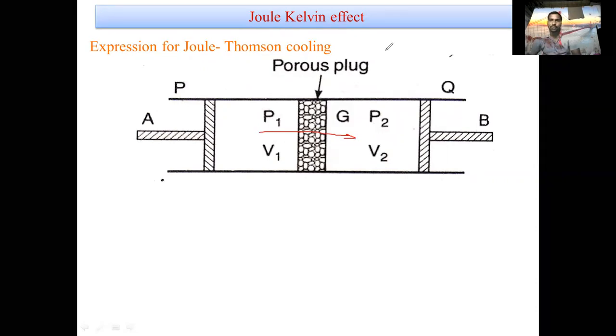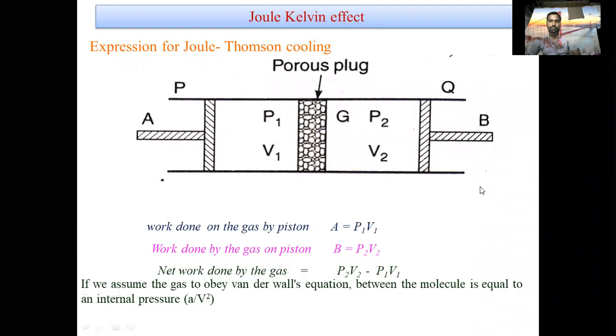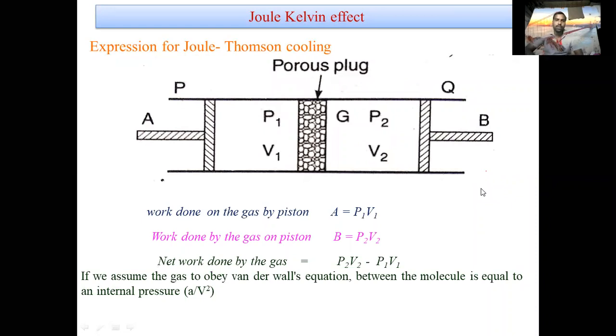Now according to that equation, work done on the gas by the piston is P1 V1, work done by the gas on the piston is P2 V2. Now the net work done by the gas is equal to P1 V1 minus P2 V2.